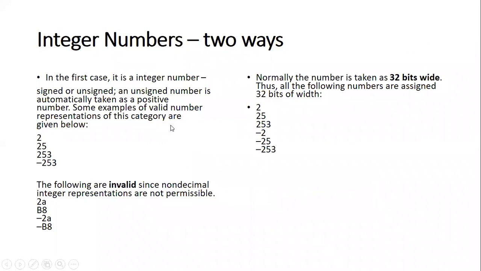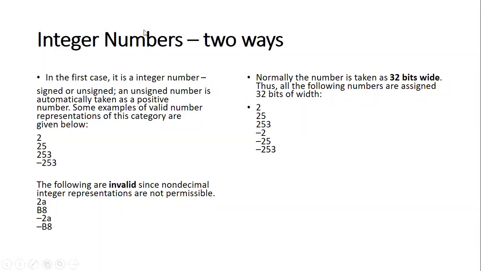This is decimal. But integer number format, you can represent signed or unsigned numbers directly like this or like this. But if I write variables like b, a, all these things, it is not permissible because we are representing an integer number. Generally this will be for decimal numbers, and each number in Verilog will be 32 bits wide.